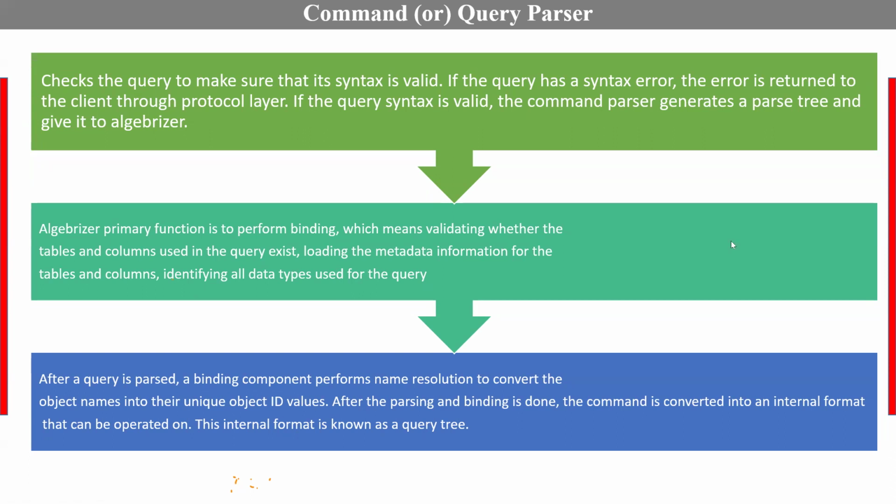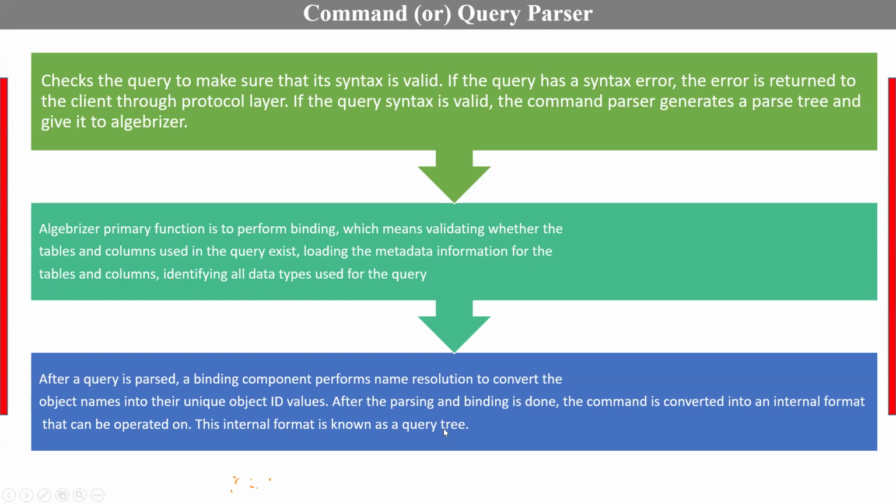The algebrizer's primary function is to perform the binding, which means validating whether the tables and columns used in the query exist, loading the metadata information from the tables and columns, and identifying all the data types, pages, all that stuff. It is doing a lot of stuff in the backend to prepare the query tree.